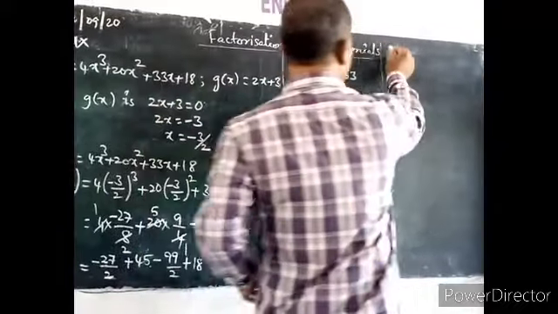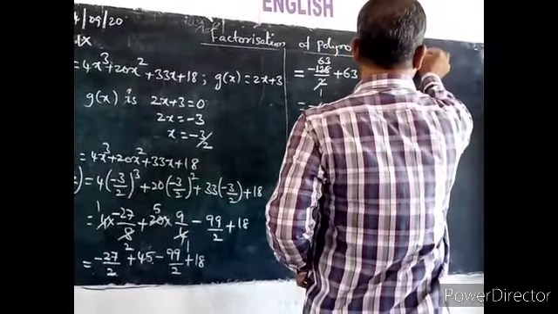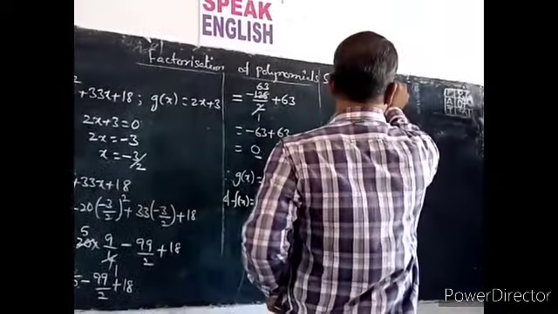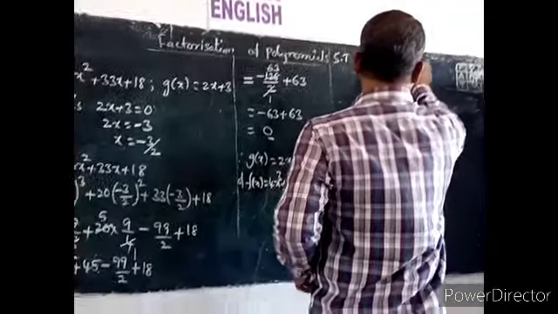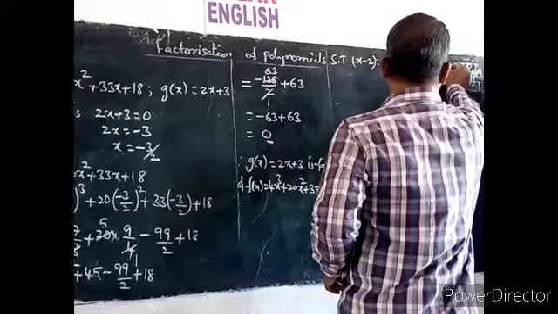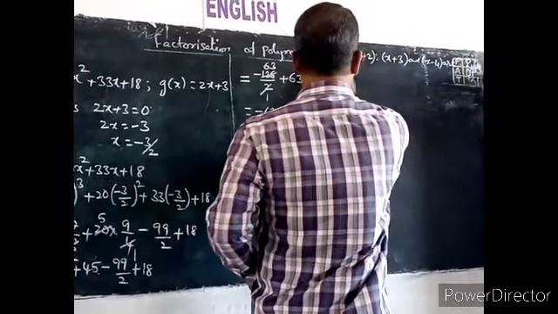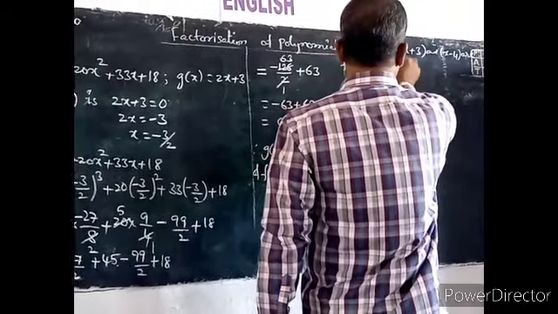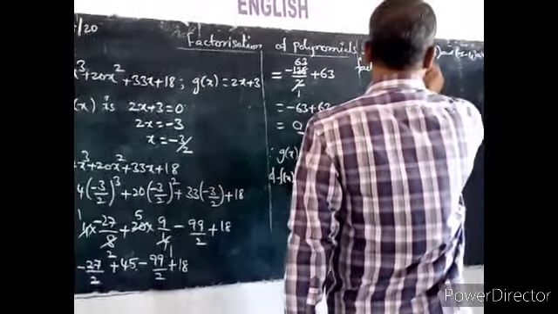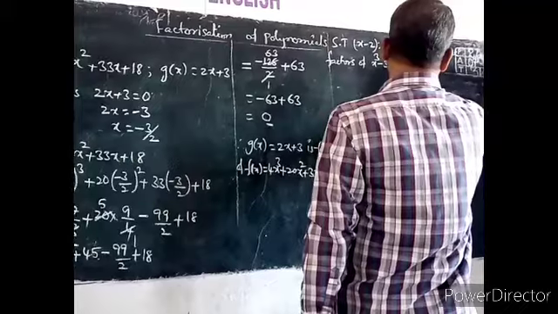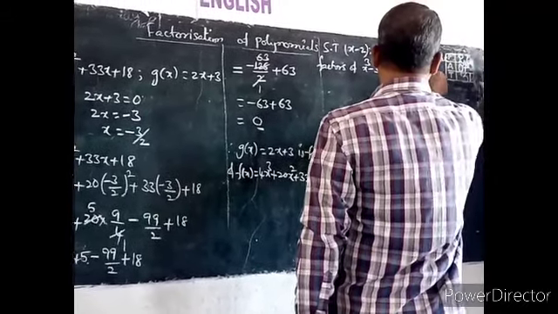What is given? Show that x minus 2, x plus 3 and x minus 4 are factors of x cube minus 3x square minus 10x plus 24.